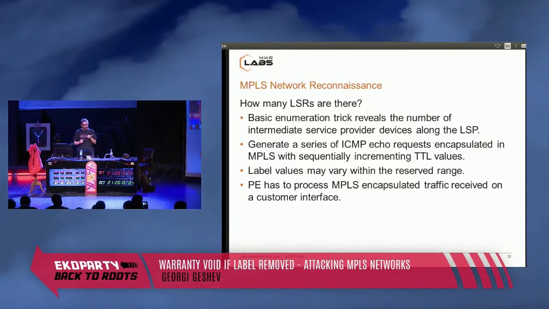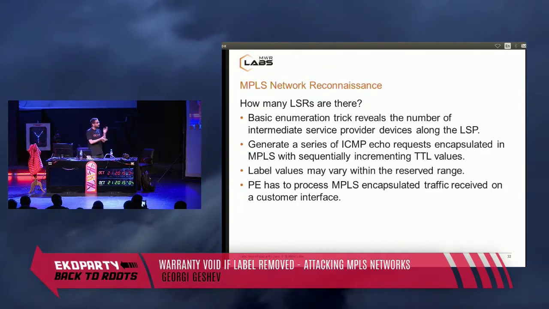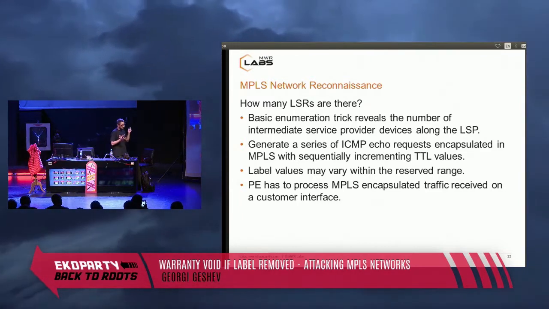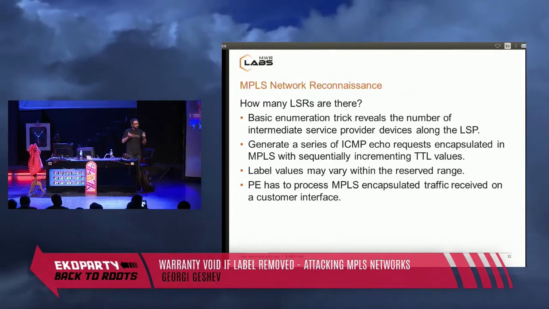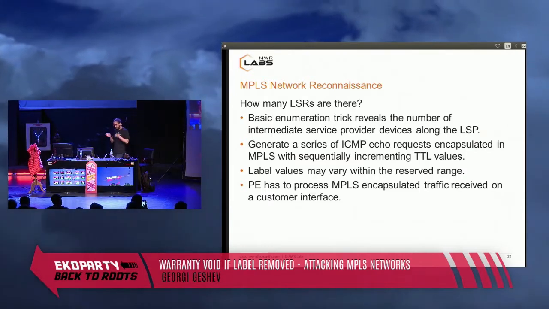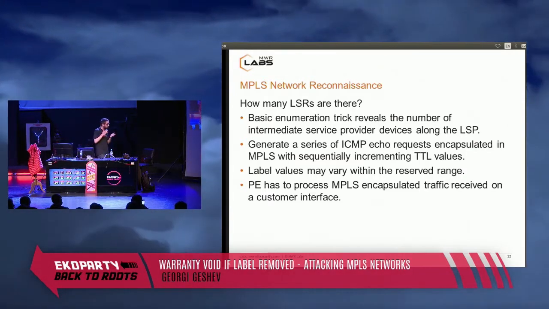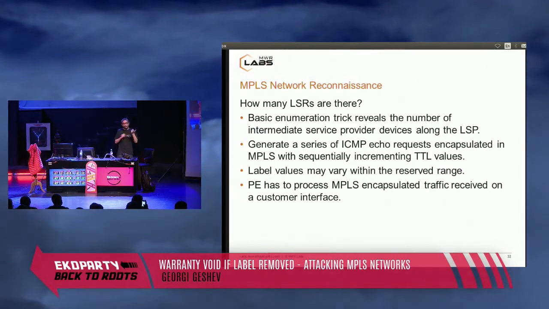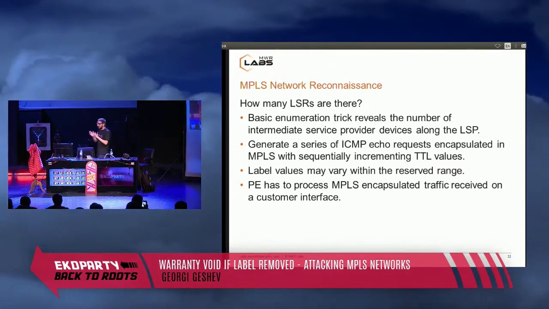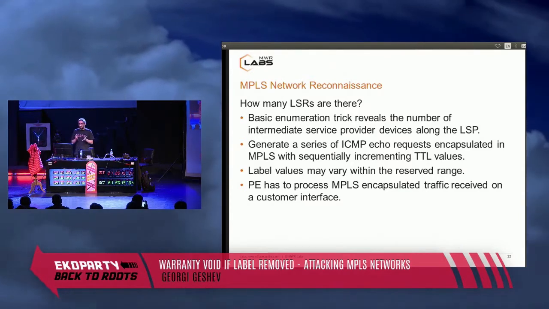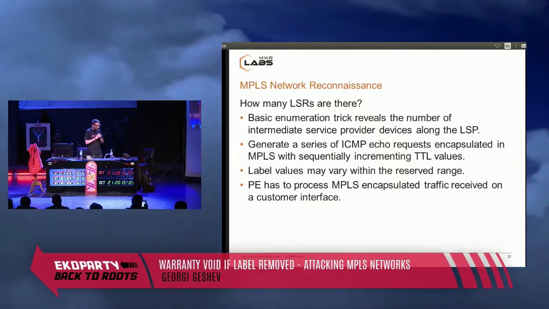This technique is basically about crafting packets, ICMP echo requests in this case, encapsulating them in MPLS before sending them to the service provider network, and incrementing the TTL values in the MPLS header, not the TTL values in the IP header.